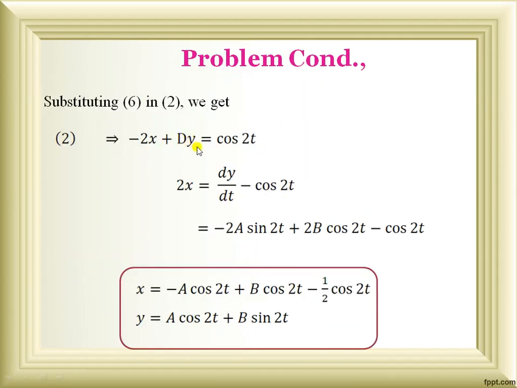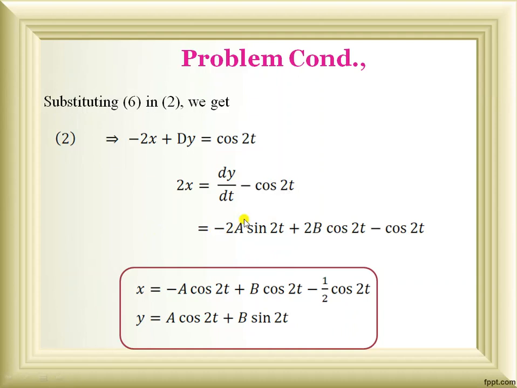I need to substitute the dy value. Before that, I am rearranging this, moving the 2x to the right and the cos 2t to the left. This gives 2x is equal to dy by dt minus cos 2t. So the dy by dt value, previously I have found, is minus 2a times sin 2t plus 2b times cos 2t. Here I have minus cos 2t.